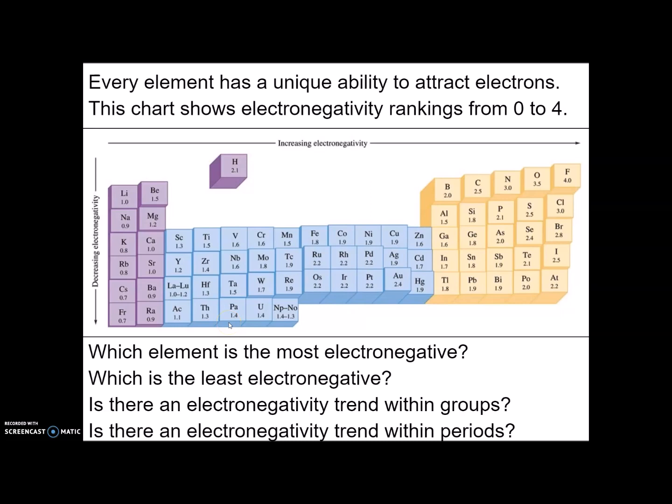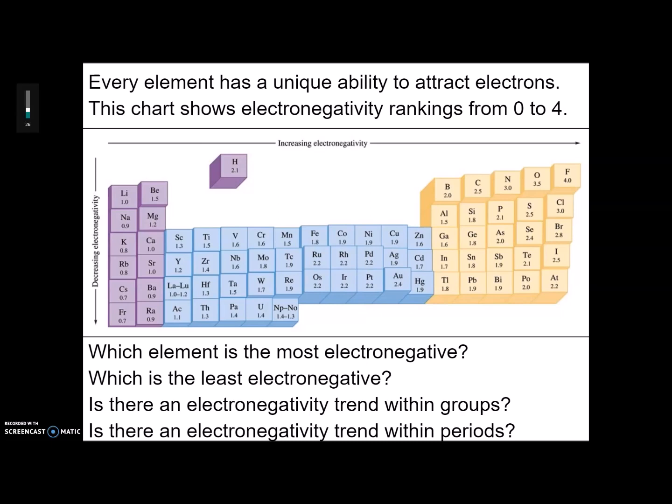Okay, now that we know something about the trend of electronegativity for individual elements, let's take a look at molecules. Now, one thing I should say, you do not need to memorize electronegativity values whatsoever.